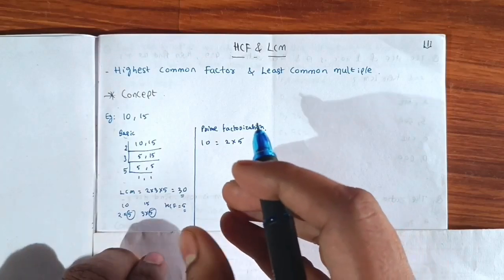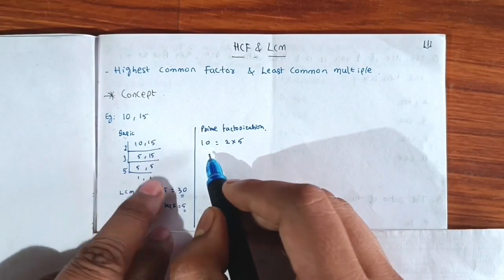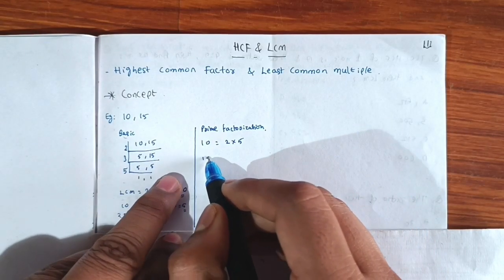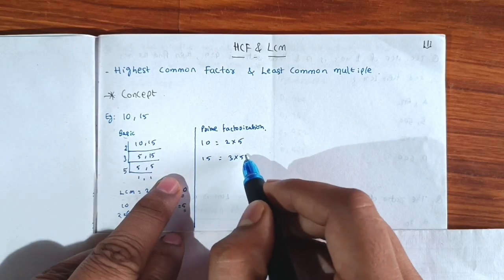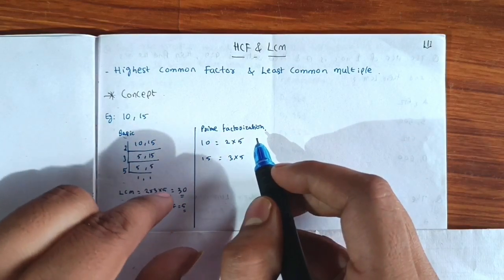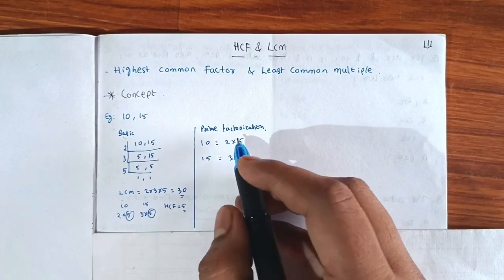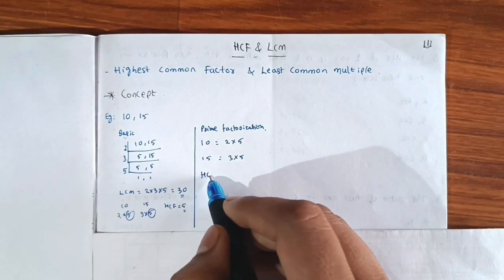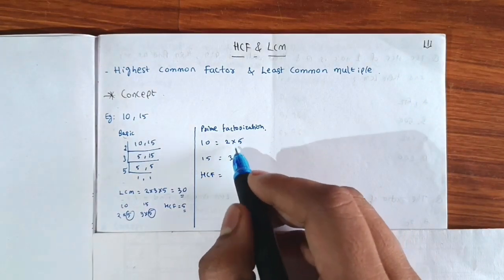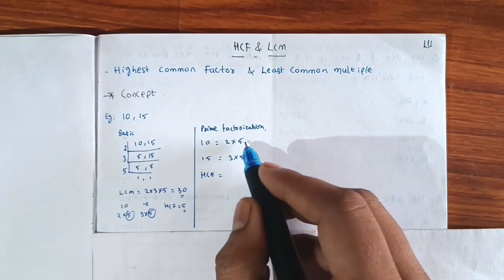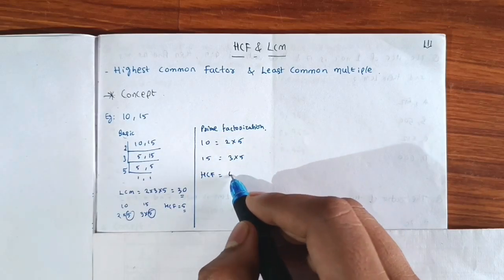And 15 will be 3 into 5, 3 is a prime and 5 is also a prime. So now HCF will be the common factor, the highest common factor, and this is 5.